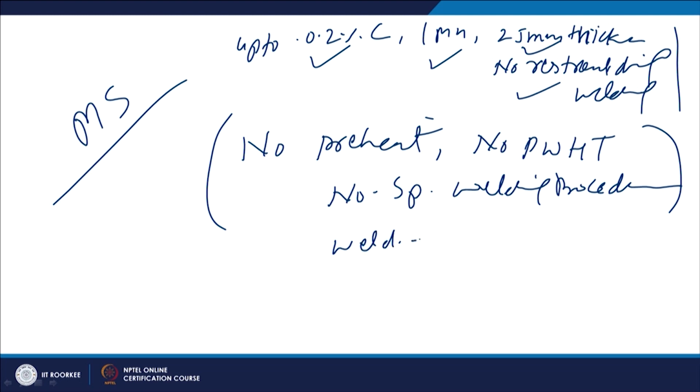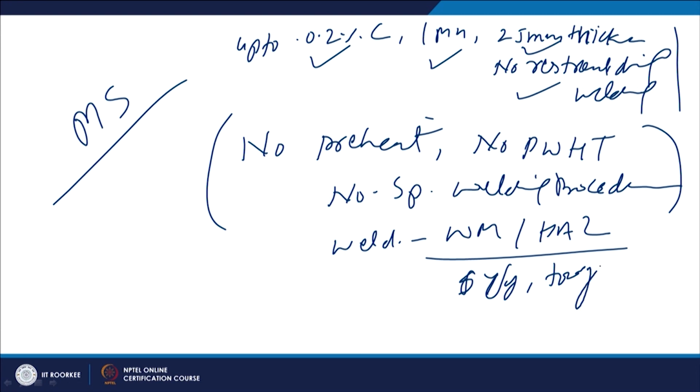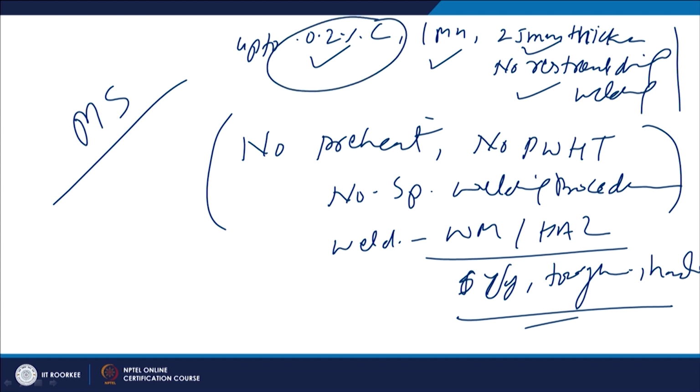the properties of the weld in weld metal as well as heat affected zone are still favorable with regard to the yield strength sigma y, toughness, and the hardness. So, the issues related with the mild steel are not much when it is having a carbon content of 0.2%, manganese up to 1%, up to 25 thickness, and the welding is performed without any restraint condition.